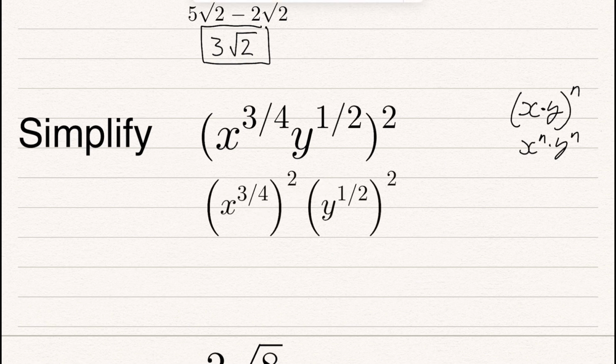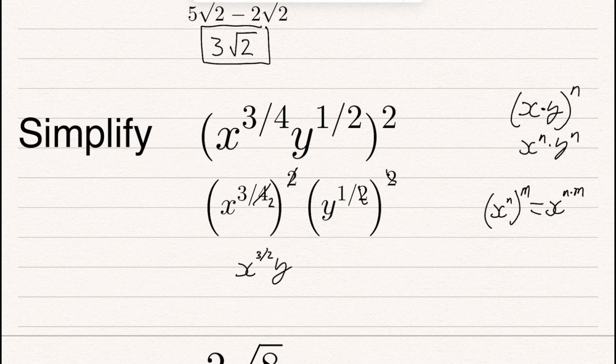So when we do this, we're going to multiply, because again, when you raise a power to a power, x to the n to the mth power, you multiply the powers. So we're going to multiply these. 3/4 times 2, the 2 and that 4 would cancel. So you get x to the 3/2. Y to the 1/2 times 2, again, the 2's would cancel.